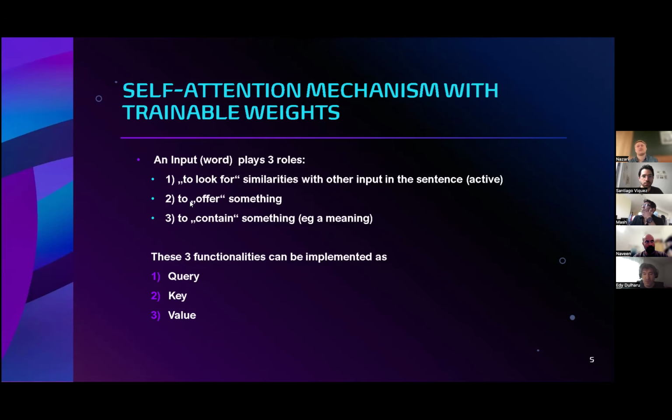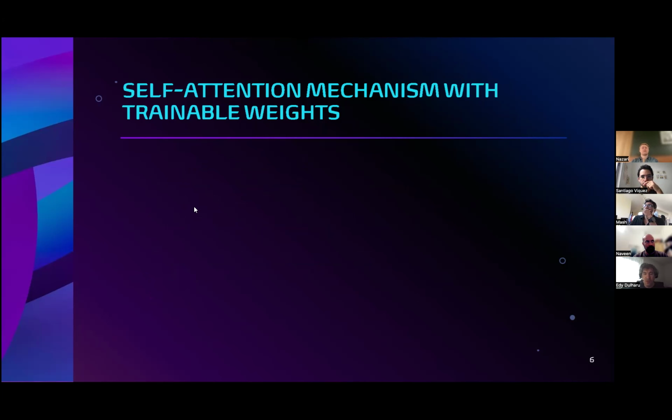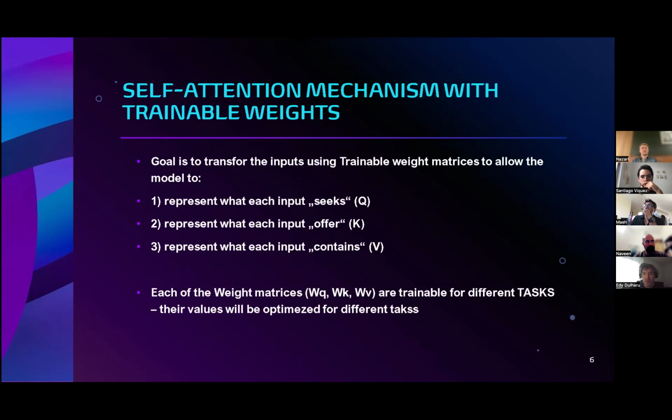It will play the role of the query, the key, and the value. And these three functionalities are implemented within weight matrices, WQ, WK, and WV.